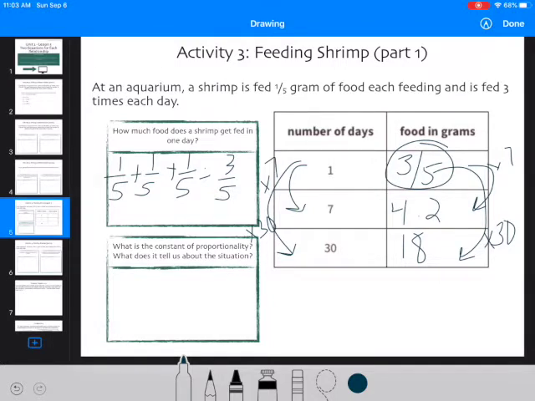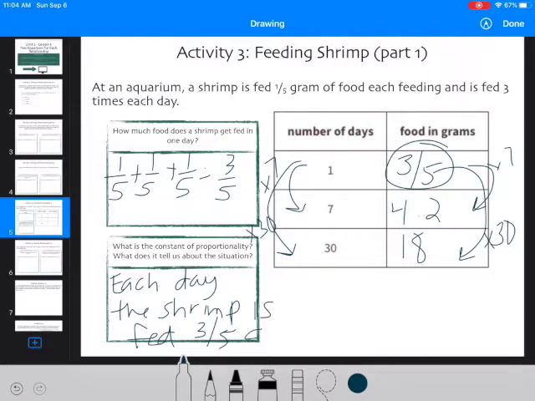That each day the shrimp is fed 3/5 of a gram. So my constant of proportionality is 3/5.